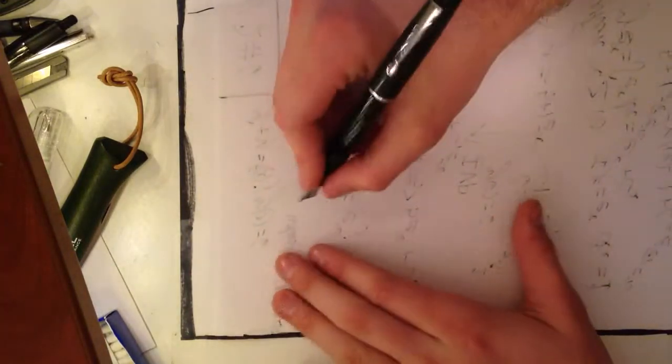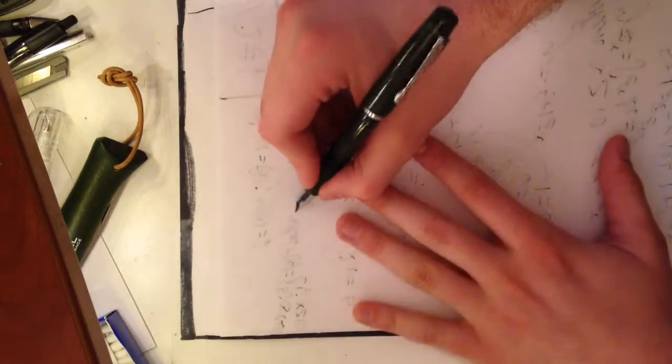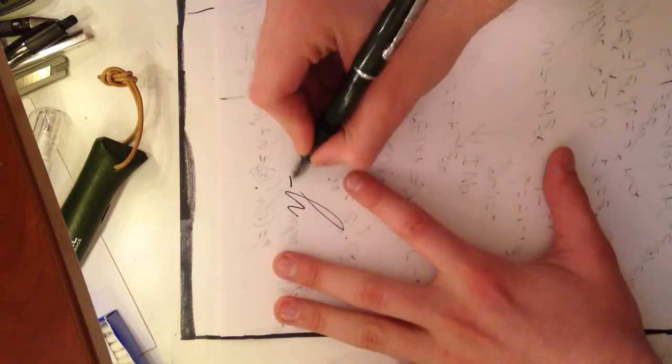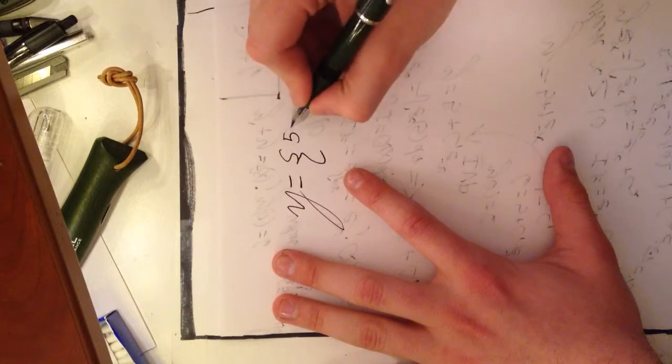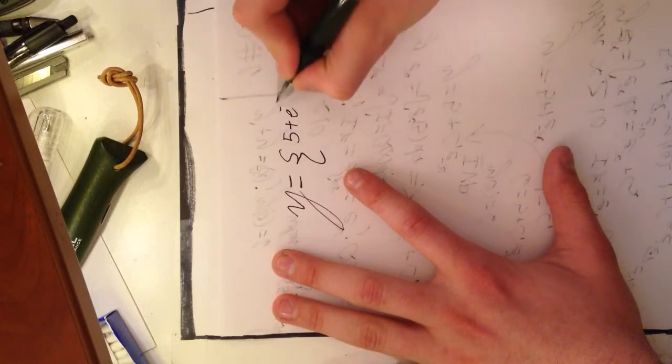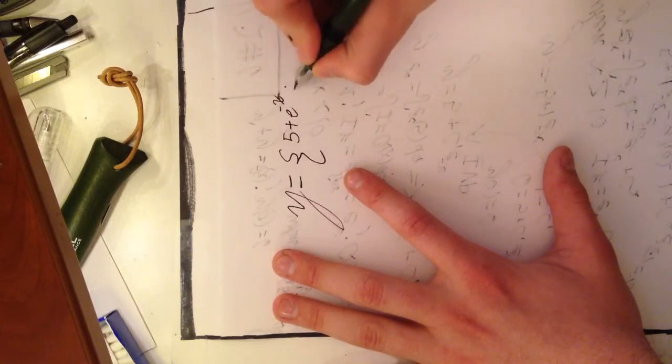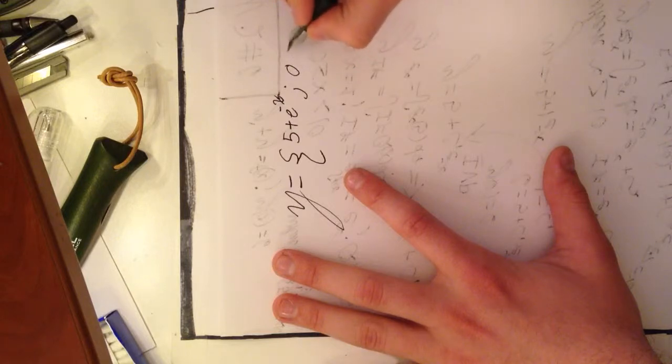Now that we have all of our values, we can go ahead and plug them back in and get what y is equal to. y is equal to 5 plus e to the negative x when x is between 0 and 10.